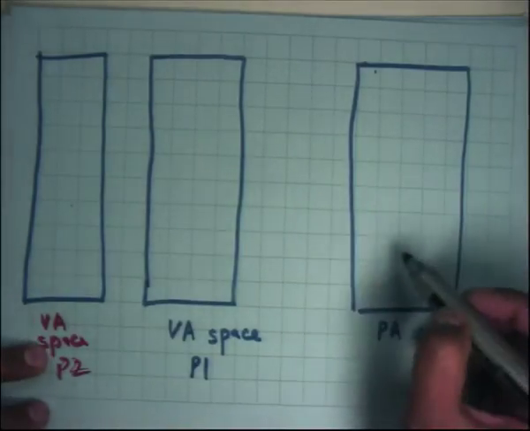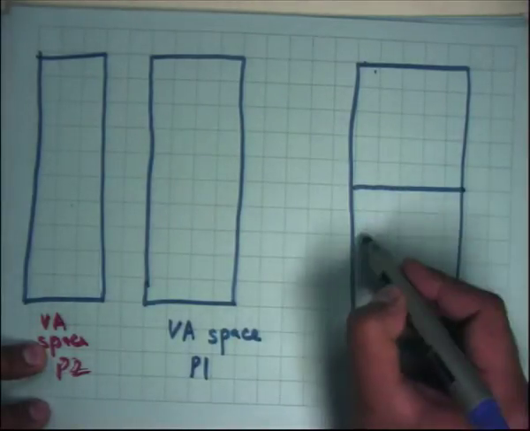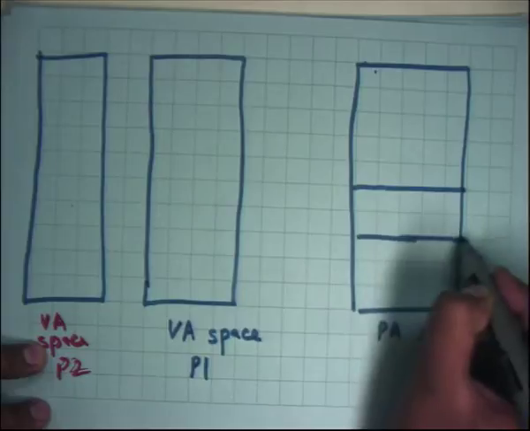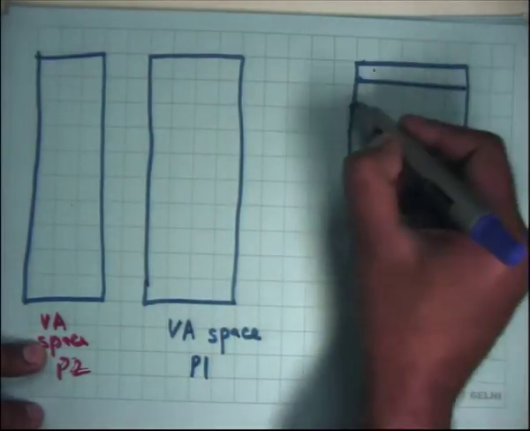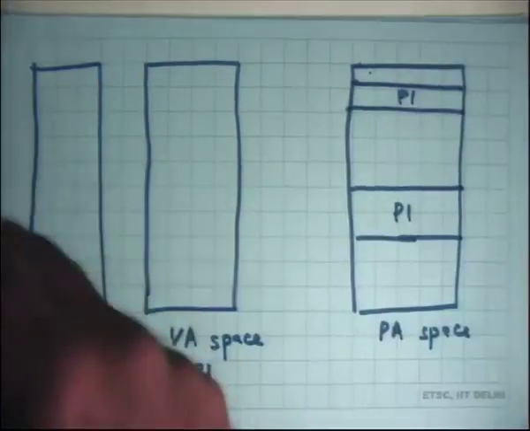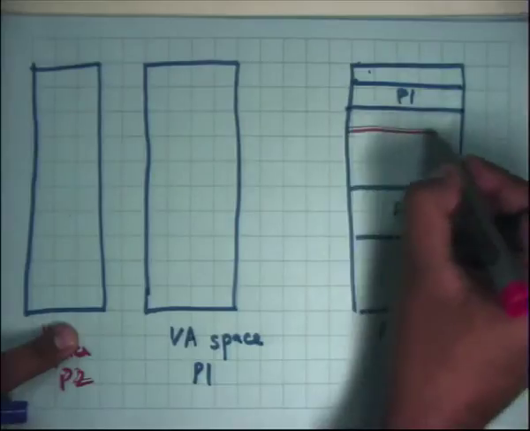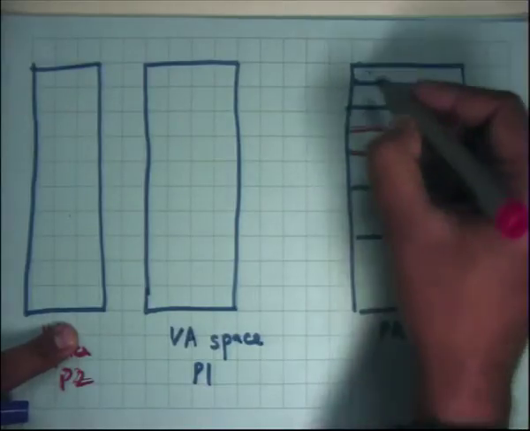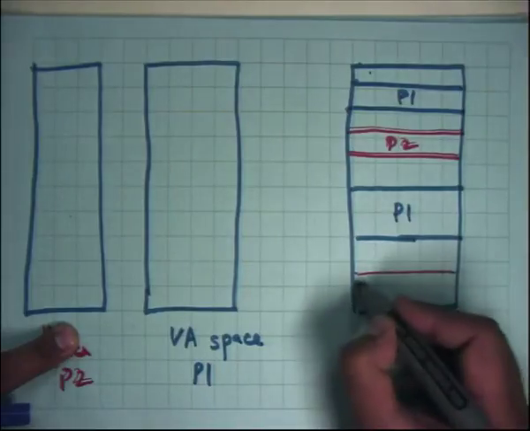In the PA space, you could say, okay, here is, let's say, a process P1 page, and let's say here is another process P1 page. Right? You could have multiple of such regions, non-contiguous regions, and here is, let's say, a P2 page. Say here is another P2 page.